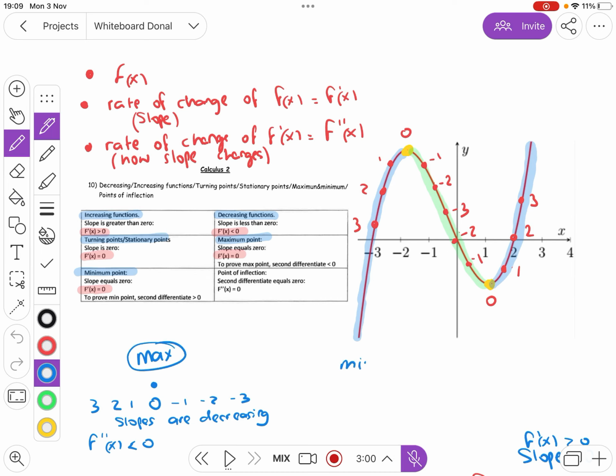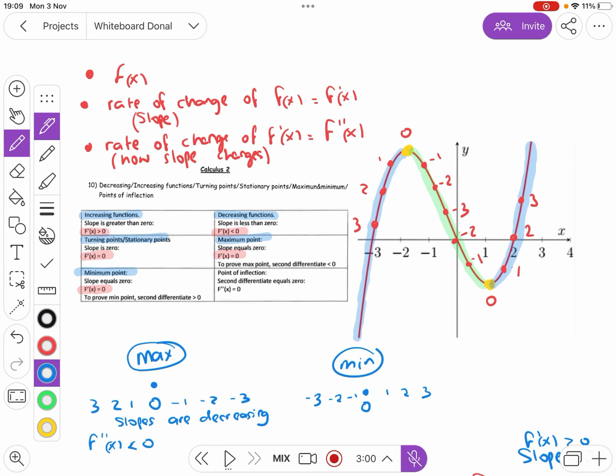I do the same thing if it's a minimum. So if we have a minimum, and again, I go with the numbers that I have here, I'll put my 0 there in the middle because I'm checking to see around this coordinate what's happening. And I'd have -3, -2, -1, 0, 1, 2, 3.